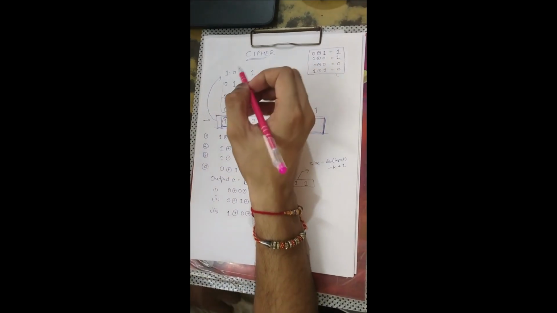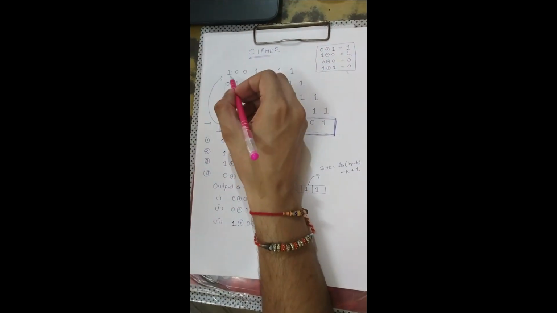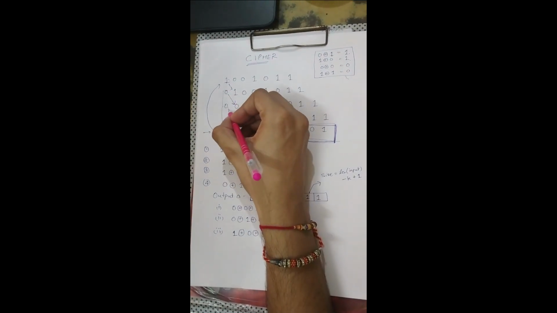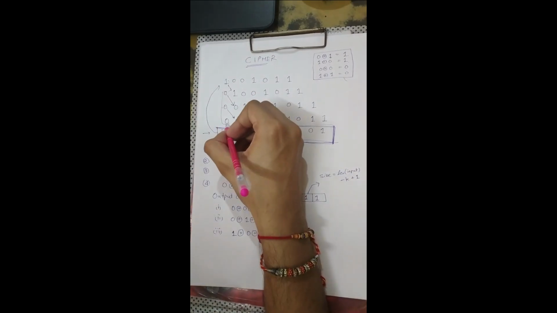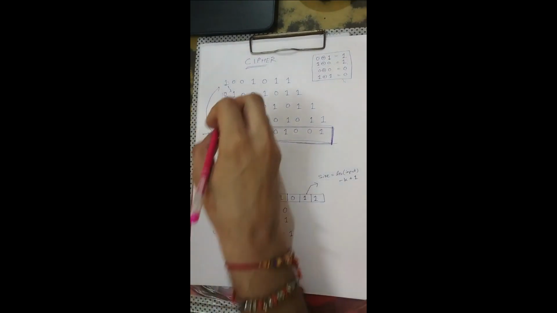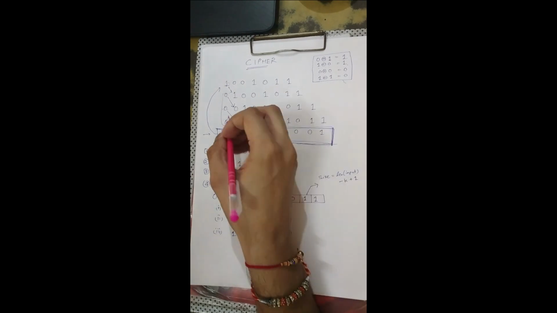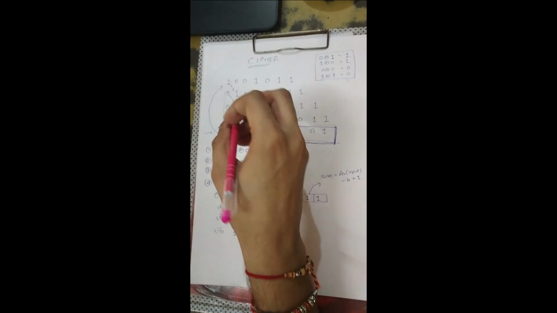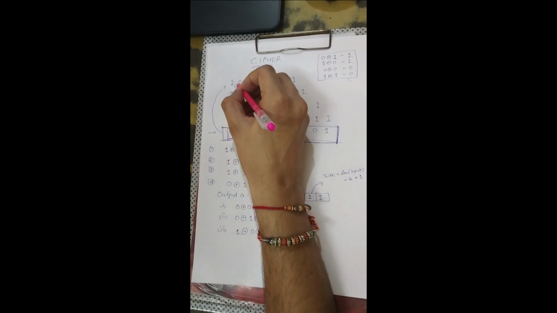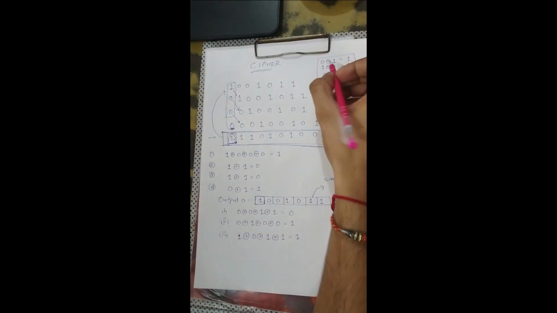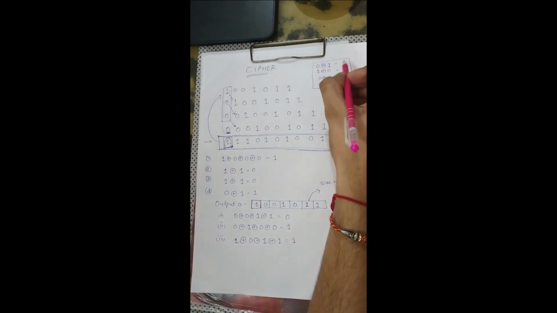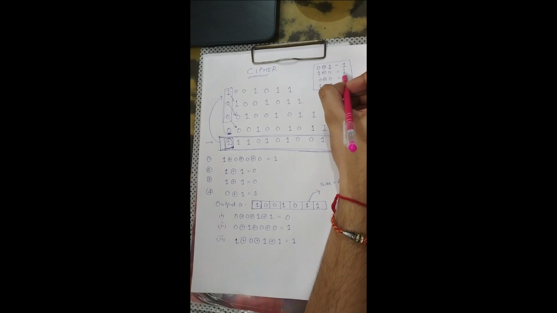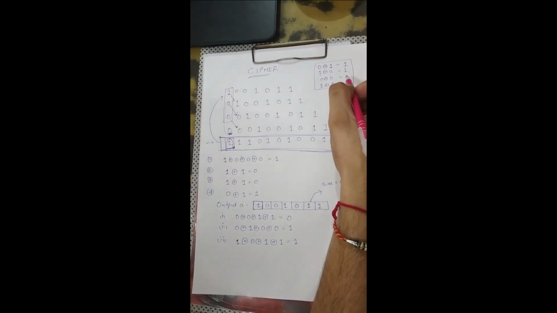Now you should notice that this 1 is shifted here, this 0 is shifted here, and this 0 is shifted here, and this 0 is gone. One thing you should also notice is that the absence or presence of 0 does not have an impact on the XOR of this pattern, because as I showed you, 0 XOR 1 remains 1, 1 XOR 0 remains 1, and 0 XOR 0 remains 0.